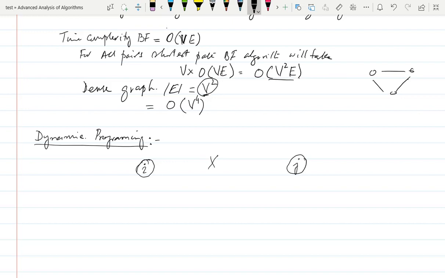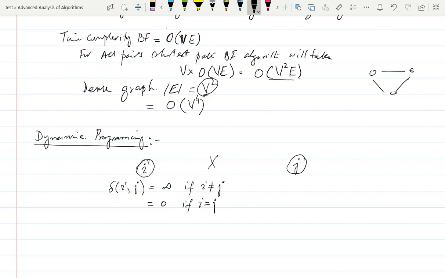Then in this case, what is the shortest path between i to j without using any edge? It should be infinity if i is not equal to j. That means I cannot go from i to j because there is no edge allowed between i to j. But at the same time, this can be equal to 0 if i is equal to j.